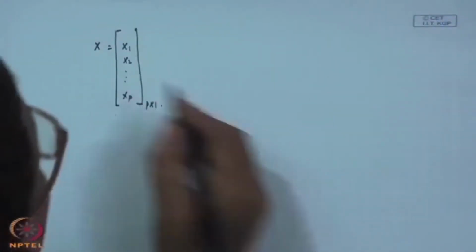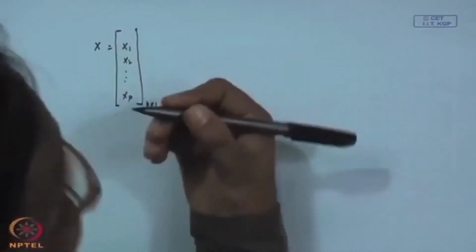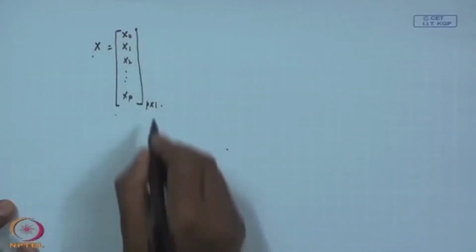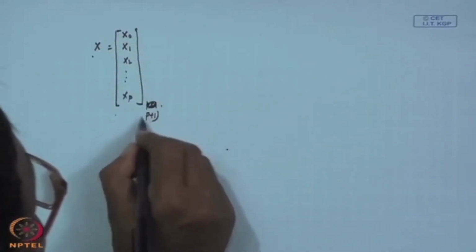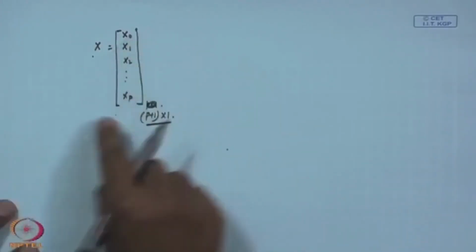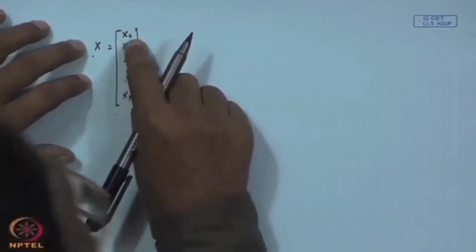So, if we want to create this x vector and also add x 0, then you can write it as p plus 1 into 1. See, this x 0 is not required to be written here, later on it will be taken care of.